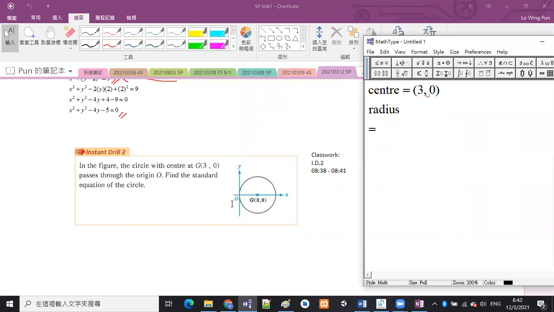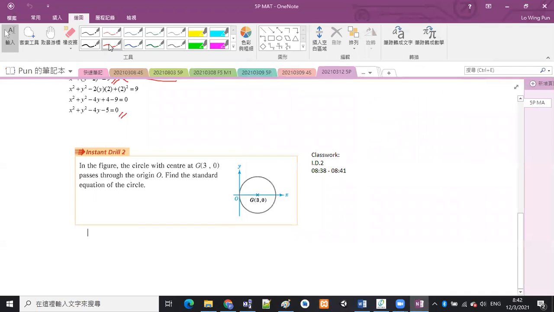We have a point on the circle, which is the origin O, and we know that the coordinates of the point O are actually (0, 0).